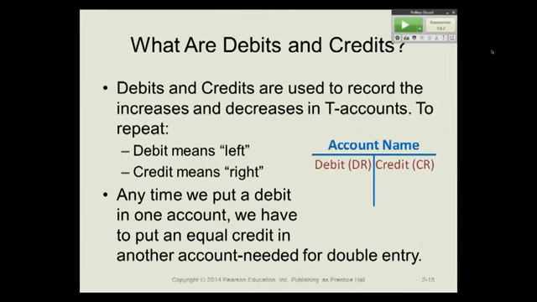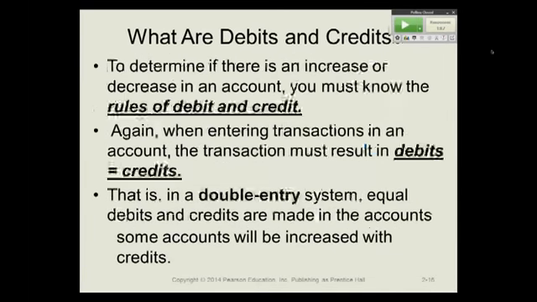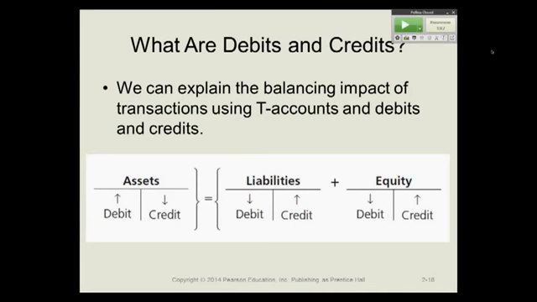I want to build a slide, or at least look at this from the standpoint of the accounting equation. And these are the rules. They're going to get a little bit more sophisticated when we bring in the components of equity. Now, don't forget, there are lots of components of equity in there.